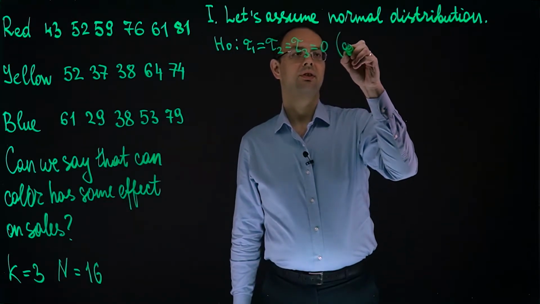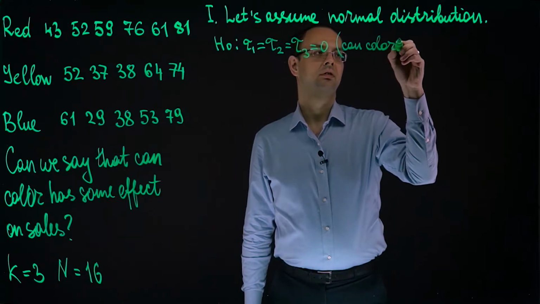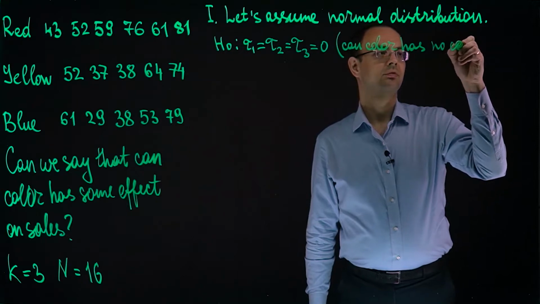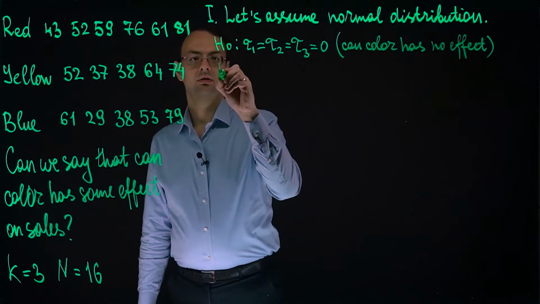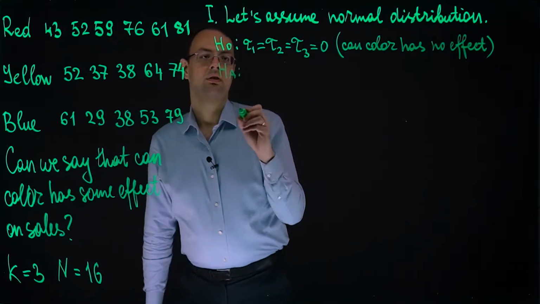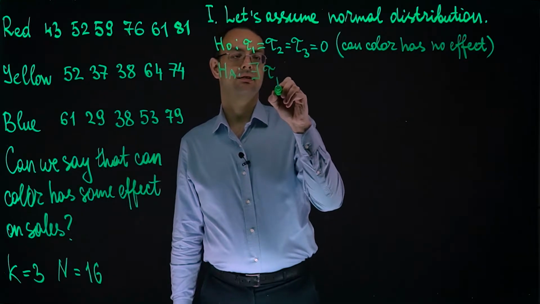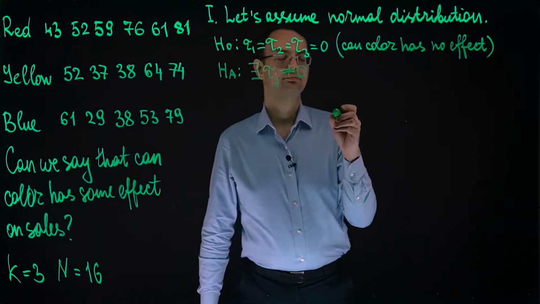This means that can color has no effect. And the alternative hypothesis is that there exists some tau that is not zero.